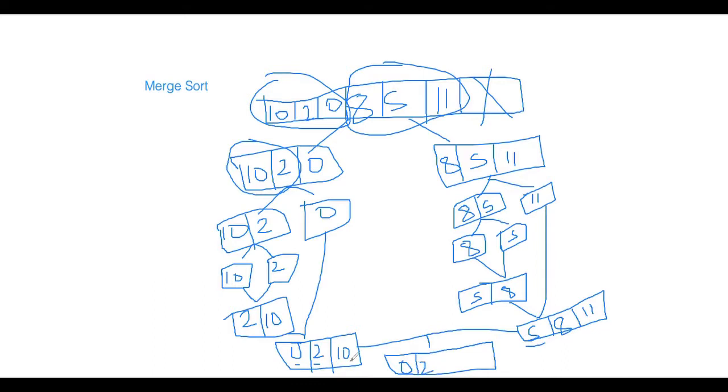And again 10 to 5, so 5 will come. This is how we will do the merging. Then we increase 5 to 8. 8 to 10, so 8 will come. Then 10 to 11, so 10 will come. And then we have only 11 left. It will be sorted.